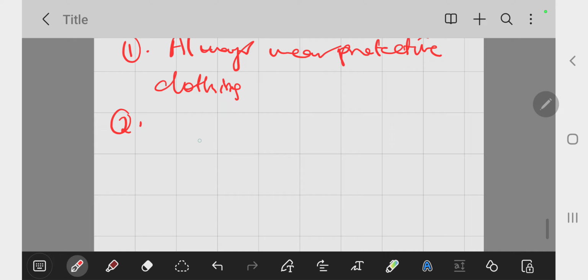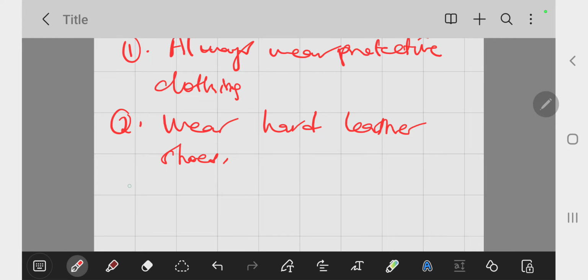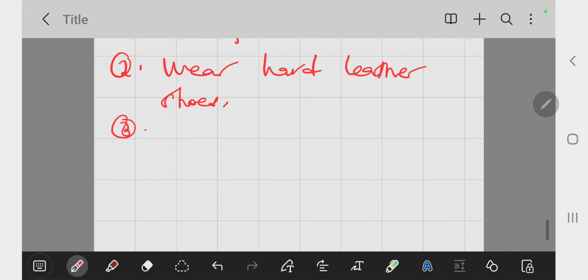Number 2, you need to wear hard leather shoes. Number 3, you need to roll up sleeves and take off your tie.